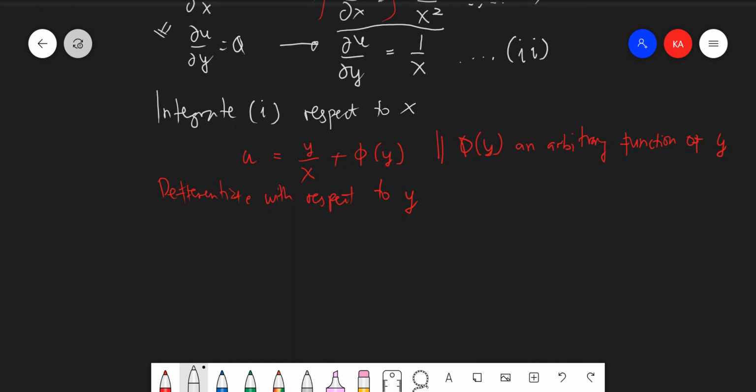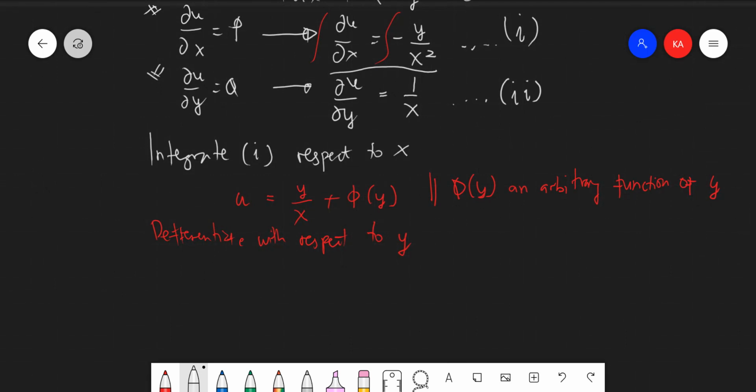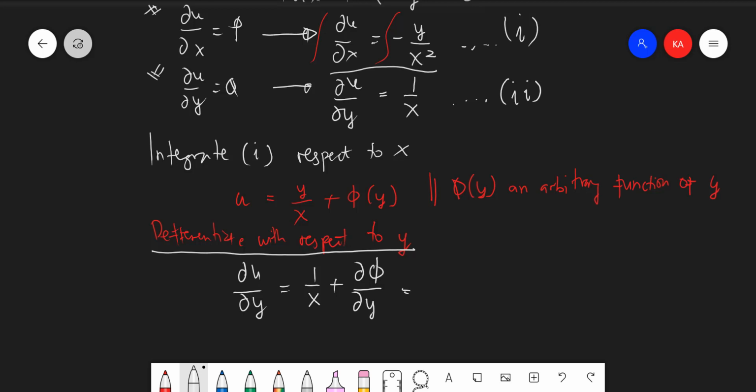So we differentiate this one with respect to y, and ∂u/∂y is equivalent to 1 over x plus ∂theta/∂y.